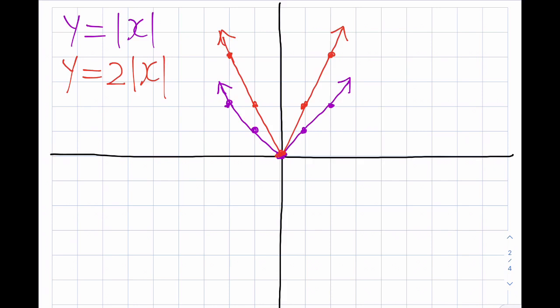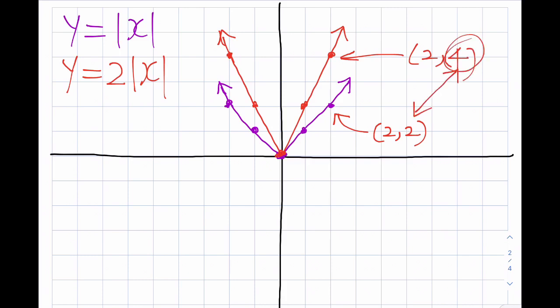So for example, if we look at this point in the purple function, we can see that it's (2, 2). But its corresponding point, which is this point right here, will be (2, 4). So the y value here is twice as much as this value. So that means that this shows us that the red function was vertically stretched by a factor of 2.